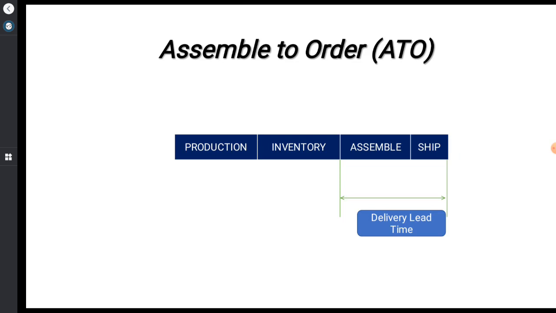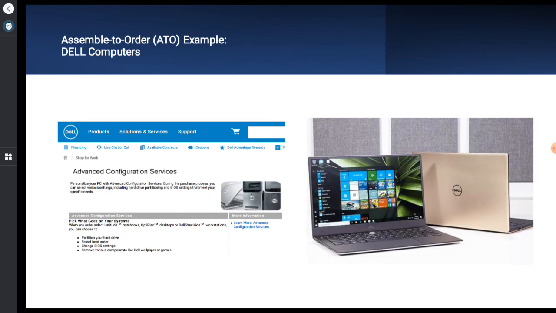And let's take an example about this strategy. Here we have the example of Dell computers. And actually, not only Dell these days, most of the PC makers now start to use the assemble to order strategy.